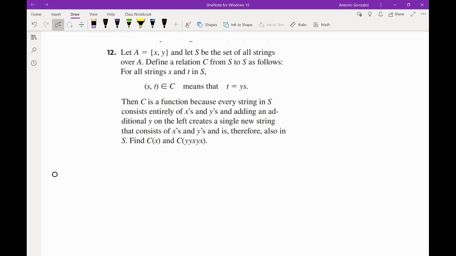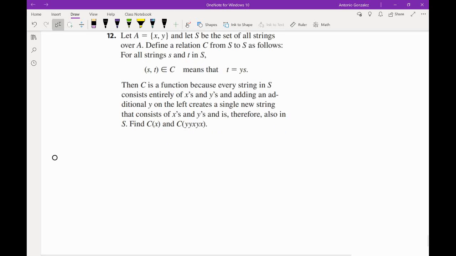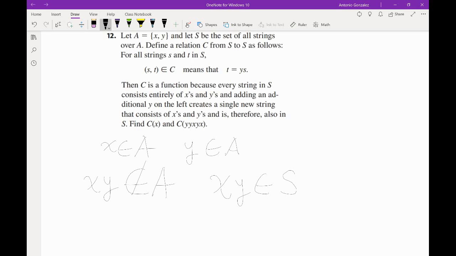A couple things here. We can see some set notation: X is an element of A and Y is an element of A. Now, if I have a string with more than one character, this is not an element of A, but it is an element of S, because it's a string.